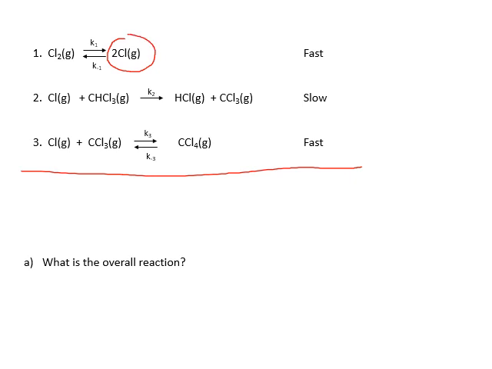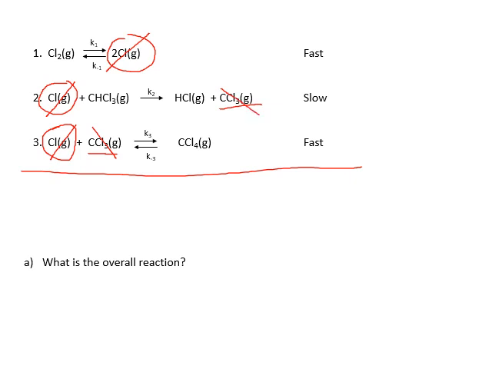We see, for example, that we have chlorine atoms appearing on both the product and reactant side of the various steps. We have two chlorine atoms that we can cross out on either side. Similarly, we see that CCl3 appears as a reactant and as a product. We can cross that out as well.